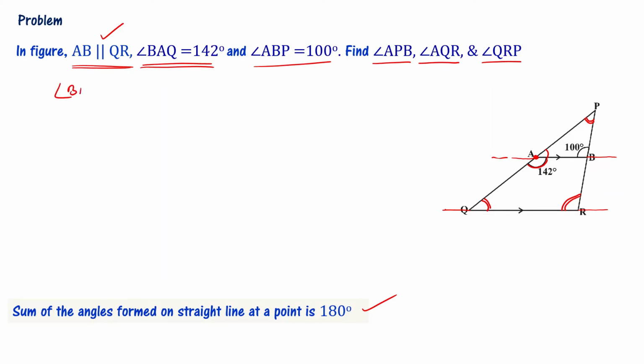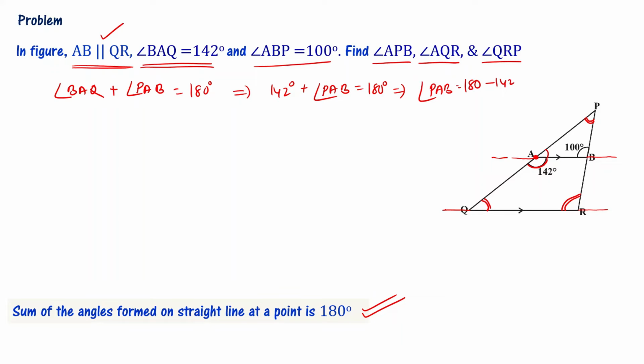Angle BAQ plus angle PAB is equal to 180 degrees as per this. Now I can write this as 142 degrees plus angle PAB is equal to 180 degrees. It means angle PAB is equal to 180 minus 142, that is equal to 38 degrees. Let me write that. This is 38 degrees.